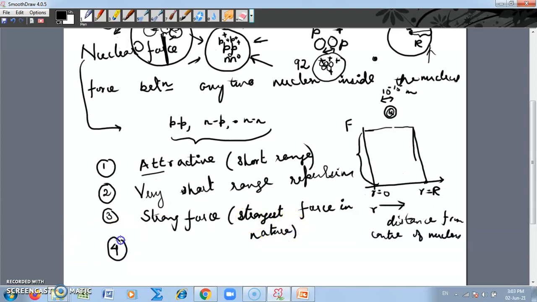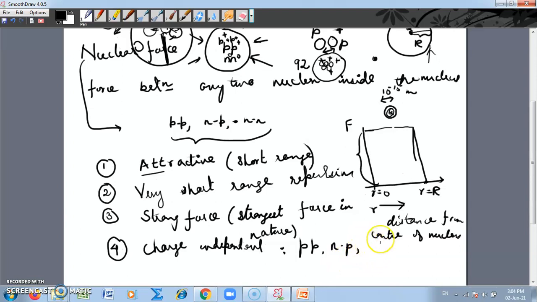Number 4 is that it is charge independent. What do you mean by charge independence? Charge independence means the force between a proton and a proton, and a neutron and a proton, is just the same.